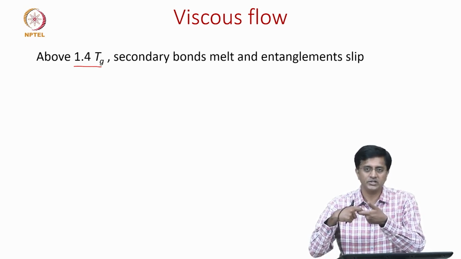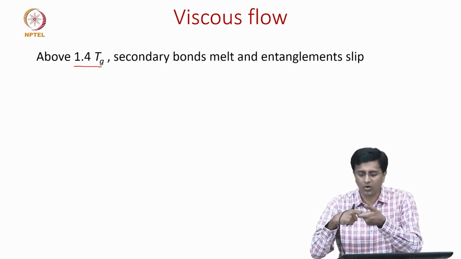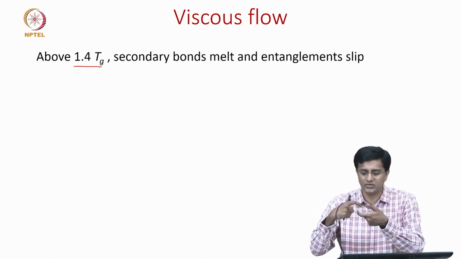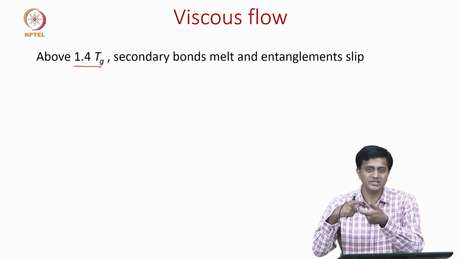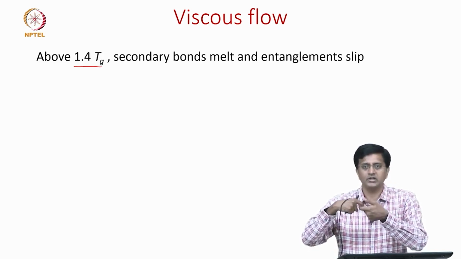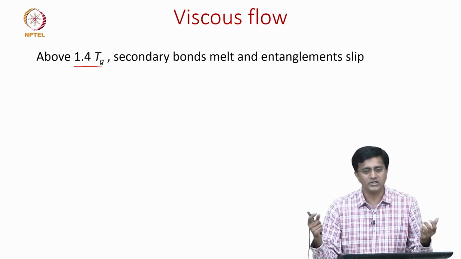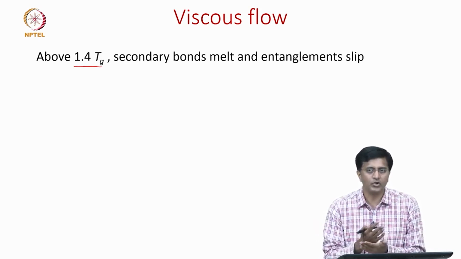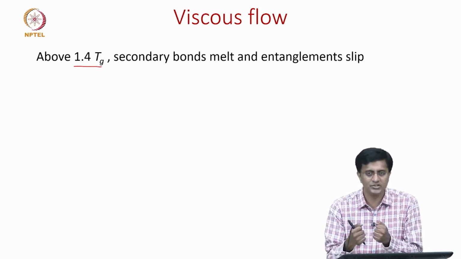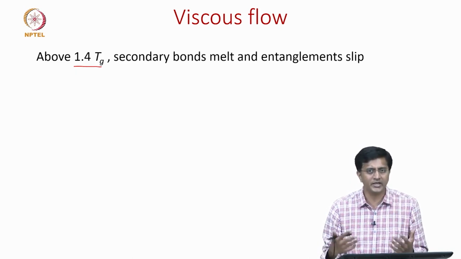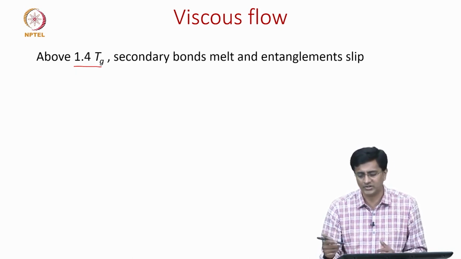Previously we said these are knots which are locking these polymer chains, but now since there is more energy, which means the chains are more agitated or wiggling, they naturally come out of these entanglements. So, both the secondary bonds and the entanglements which are holding these chains together are broken. Once they are broken, it behaves like a fluid, or it shows a viscous flow.